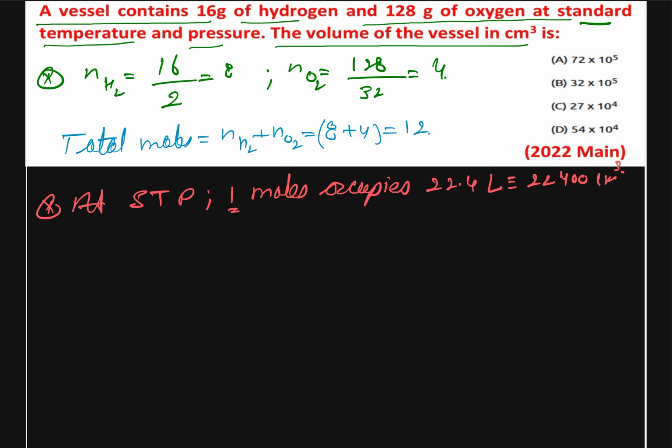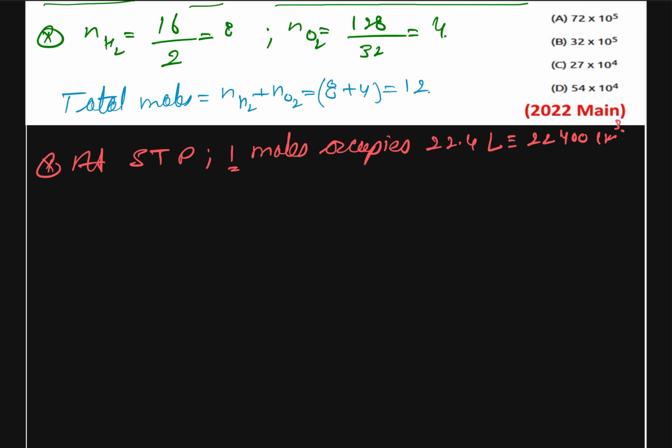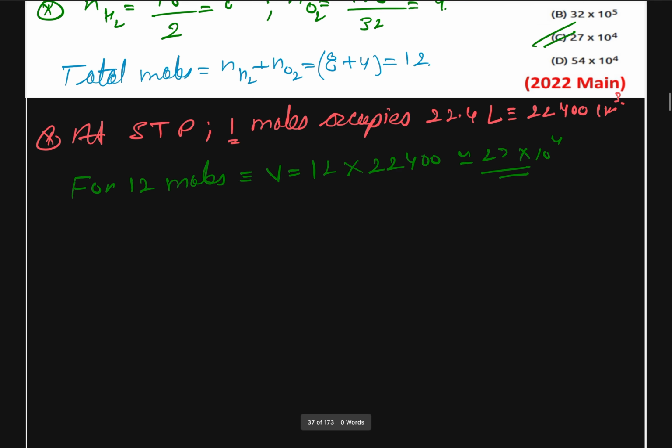So this is for 1 mole, and for 12 moles, let us call that V. This V will be equal to 12 multiplied by 22400, which is approximately equal to 27 into 10 to the power 4. So option C is correct.